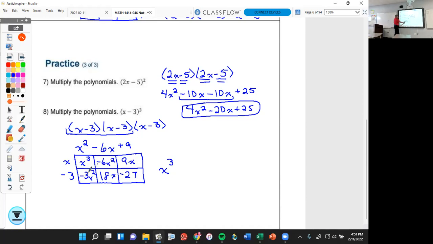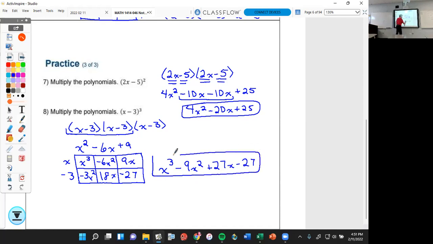Minus 6 minus 3, that's minus 9x squared. For my x to the first term, I have a 9x and an 18x. Well, 9x and 18 more x's gives me plus 27x. And finally, my last term is my constant, or minus 27. And that completes that problem.